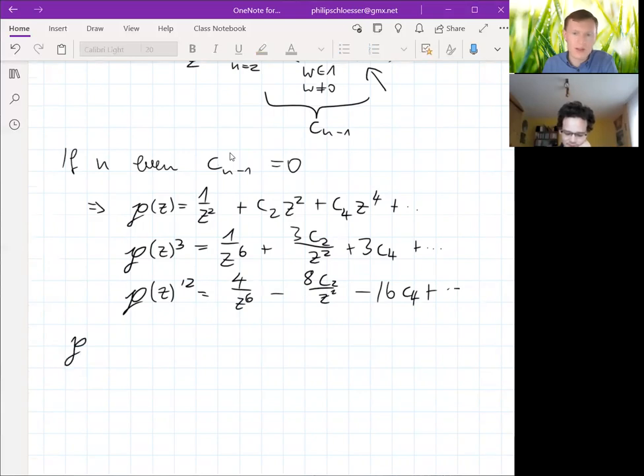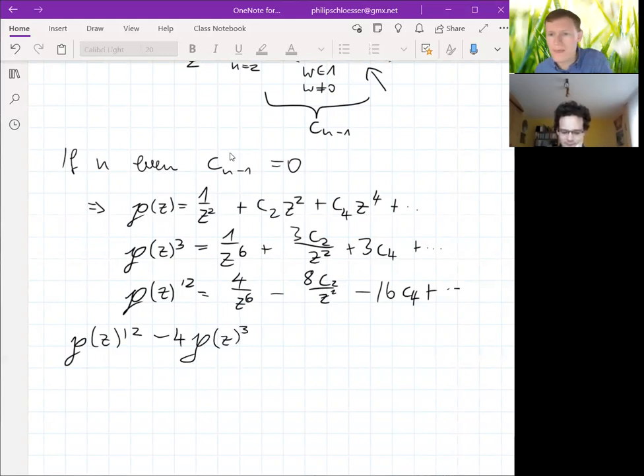And in particular, can look at the derivative squared minus 4 times P of Z cubed, and well, also collect other terms.